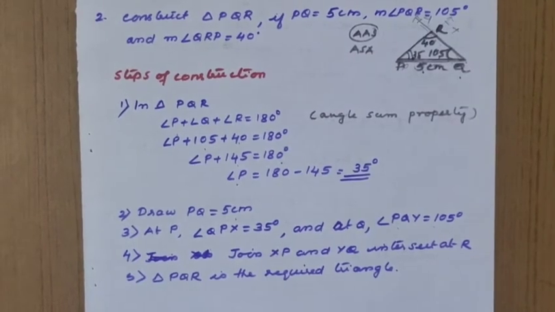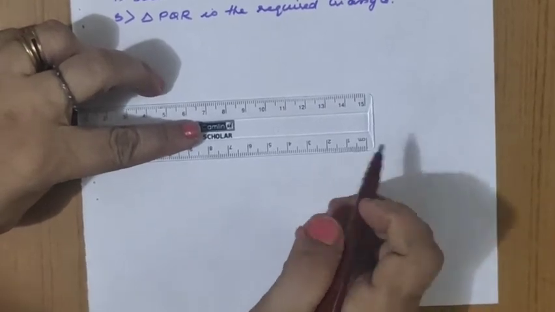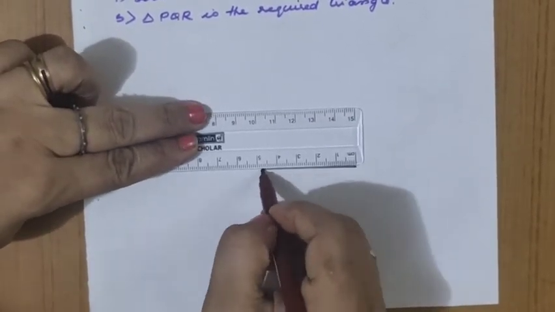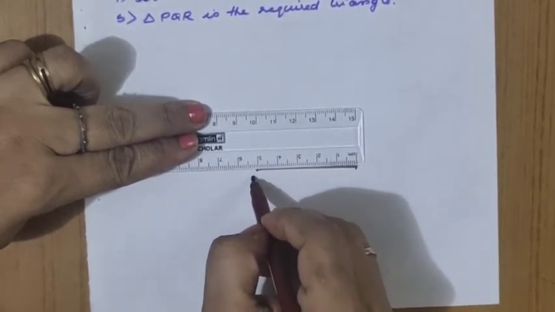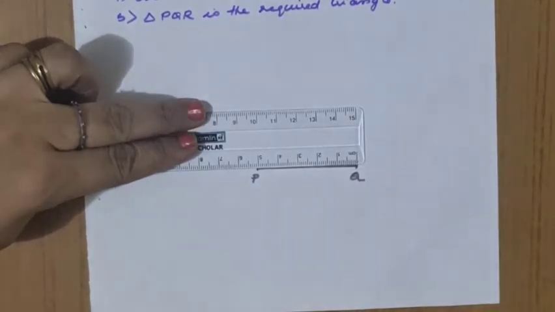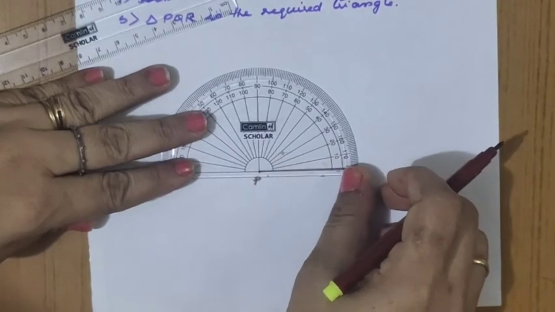Now we can see the construction. So draw PQ equal to 5 cm. We are completing PQ. At P, what is the angle to be taken? 35 degrees. So using the protractor we can do it.